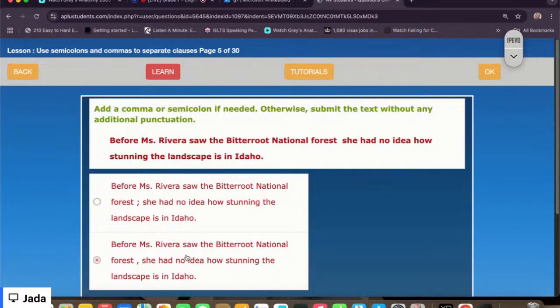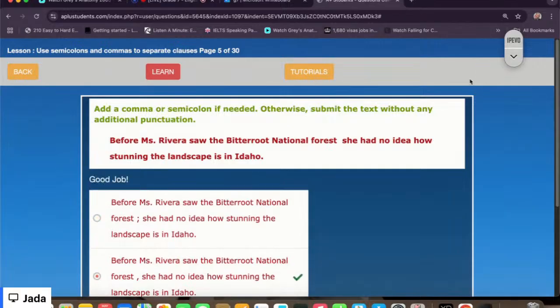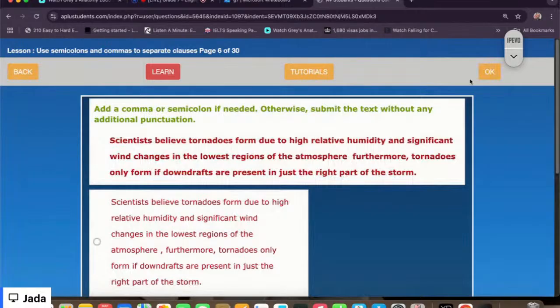All right, so we have what? A comma, because it starts with a dependent clause.